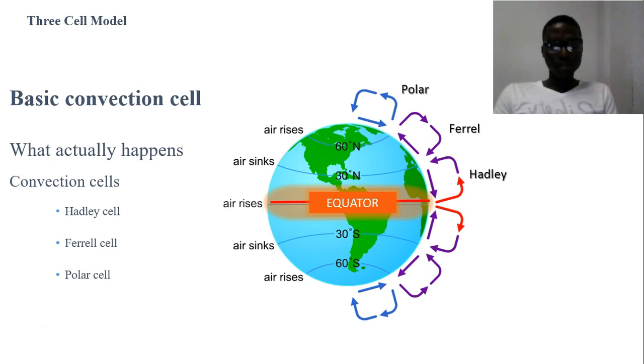It is actually due to the friction force, because the air that is sinking from the Hadley cell at 30 degrees north and south of the equator will want to take the air beside it down, and the air that is rising at 60 degrees from the polar cell will want to take the air beside it up as it rises. We end up having that basic convection cell there, and that convection cell is known as the Ferrel cell.